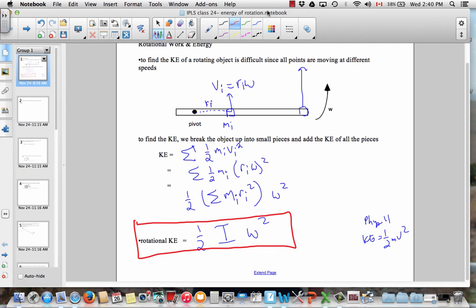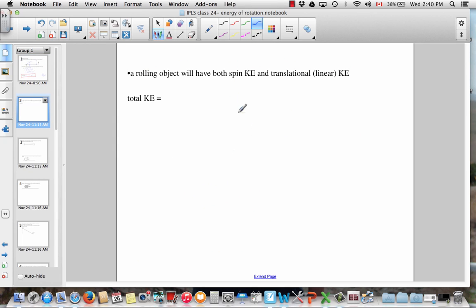Now, that would be the total kinetic energy for a pure rotation, but sometimes objects have both. A rolling object is a good example of that because it's rotating, so it's got what we call spin kinetic energy, but it's also moving in a straight line, so it's got good old-fashioned translational or linear kinetic energy.